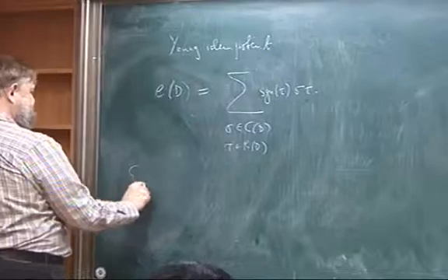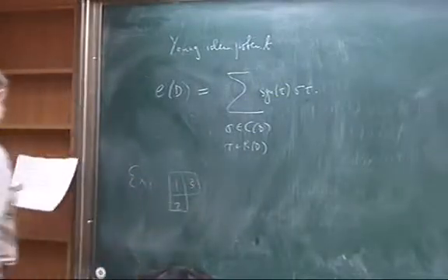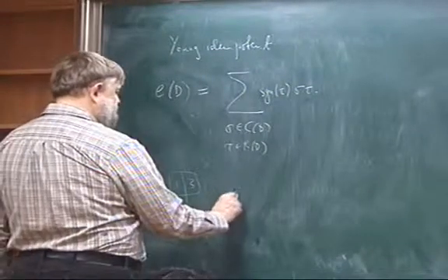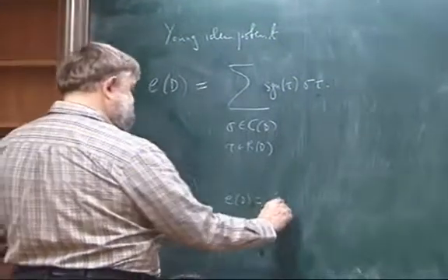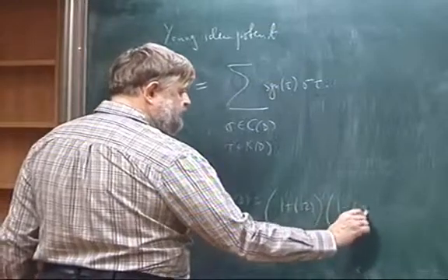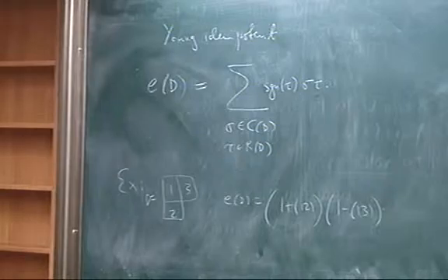So for example, if I have my 1, 3, 2, this is my D, then E of D is just (1 plus (1 2)) times (1 minus (1 3)). Okay?